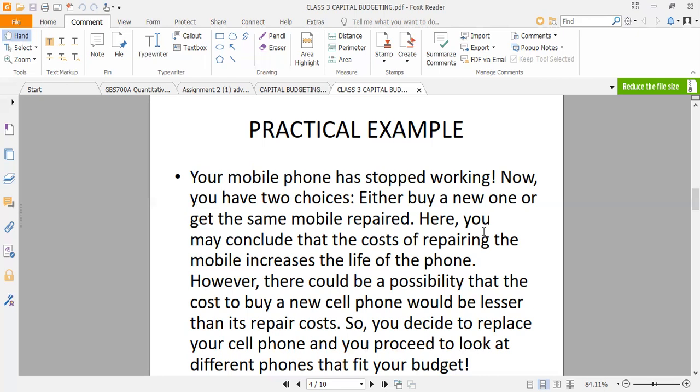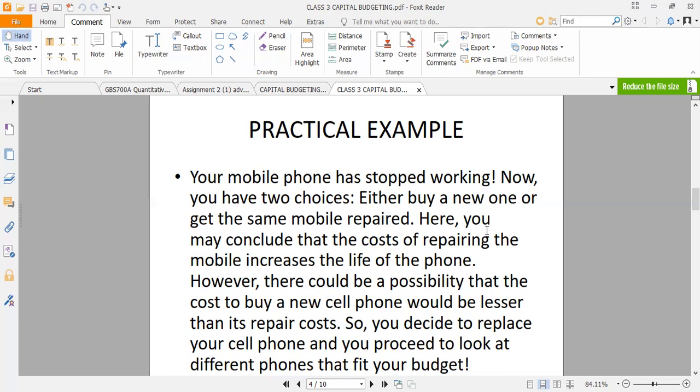If you are using your vehicle for business, will you get a new one, or would you still maintain the same vehicle? You have to look at which one will give you the higher returns, considering the evaluation techniques that we use in capital budgeting.